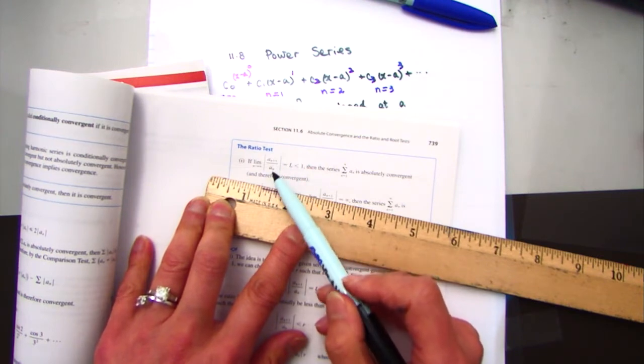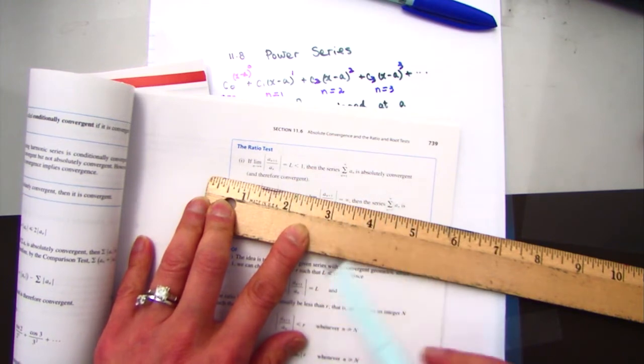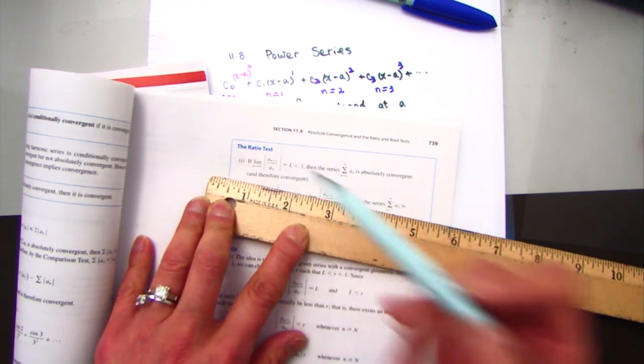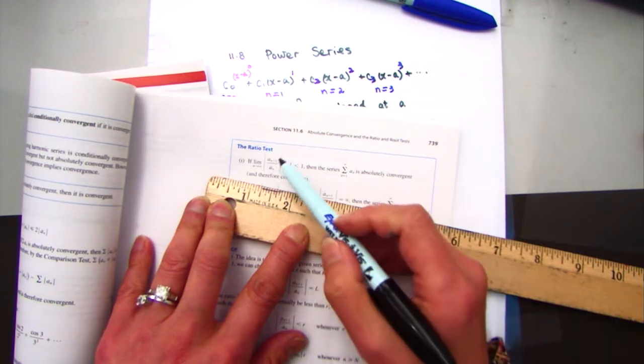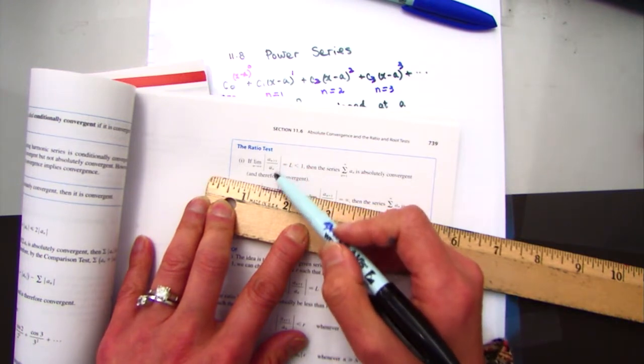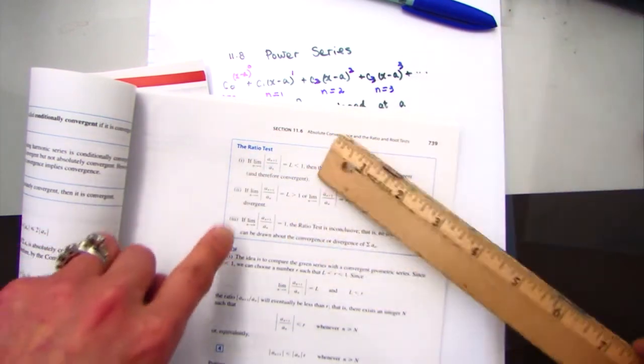So this is just like the ratio in our geometric series. You may ask, why don't they just use a geometric series? Well, too bad. Not every series has a constant ratio to be geometric. So you can use the ratio test for any series.